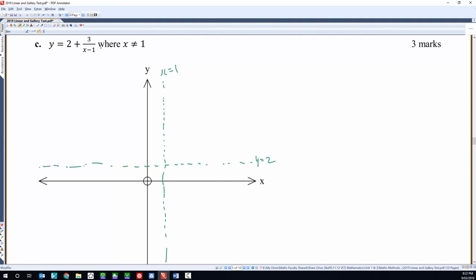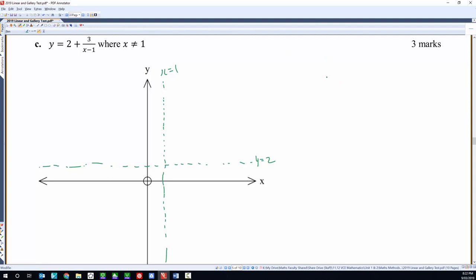Again, I'm hoping that you would rule those up. Right, so now what we need to do is find out what the x-intercepts and y-intercepts are. So it's a normal or a positive hyperbola, so it's going to go there and there. So we're going to get intercepts somewhere around here. Okay, so let's just see where they are.